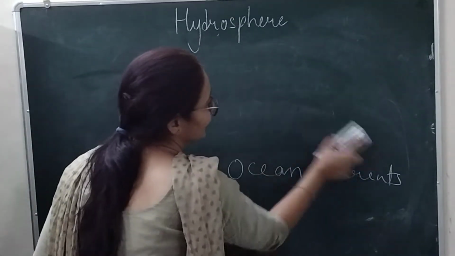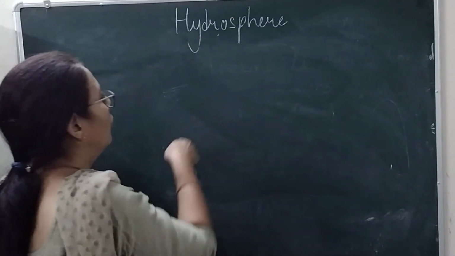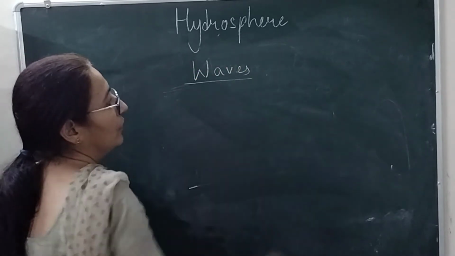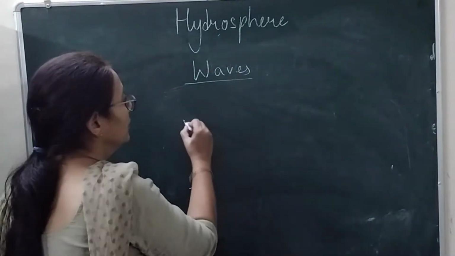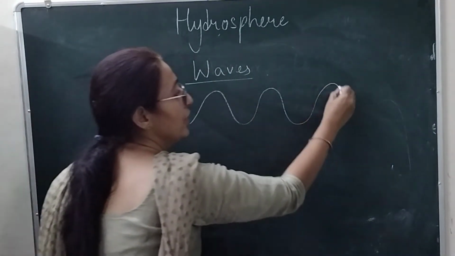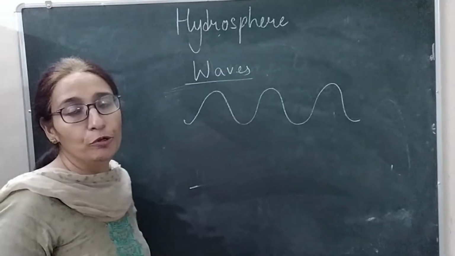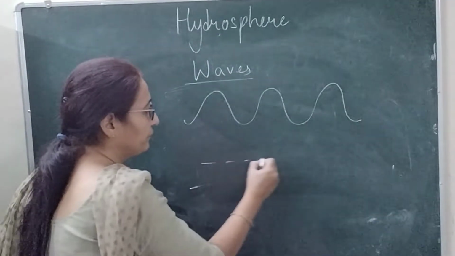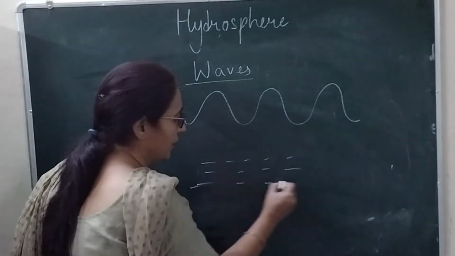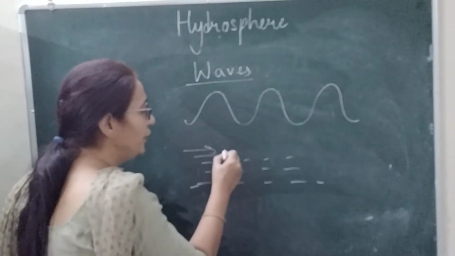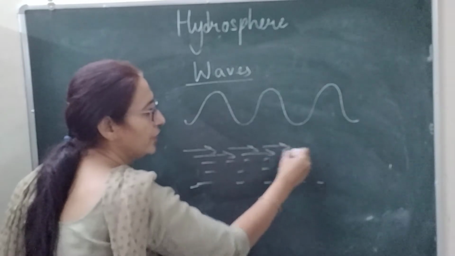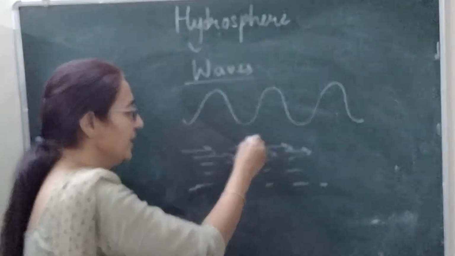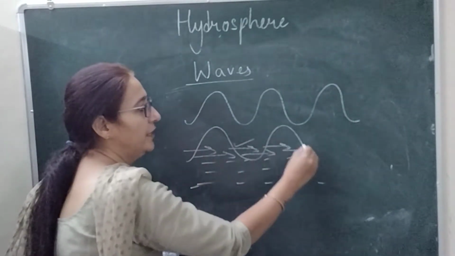What is a wave? What do you mean by waves? Waves means the up and down movement of water due to the prevailing wind. Or we can say, suppose this is a water body, and if the wind, a permanent or prevailing wind, blows over the water body, then the water level goes up and down.